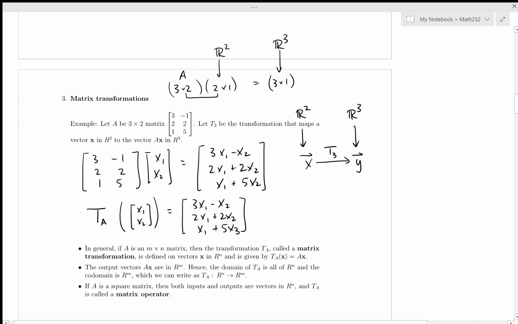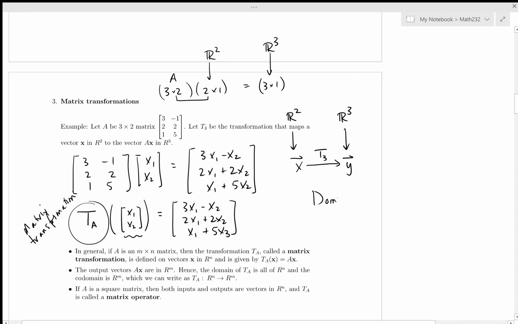So this here is a matrix transformation. Okay, in this case, the domain of our transformation is all of R2. That is our possible inputs.